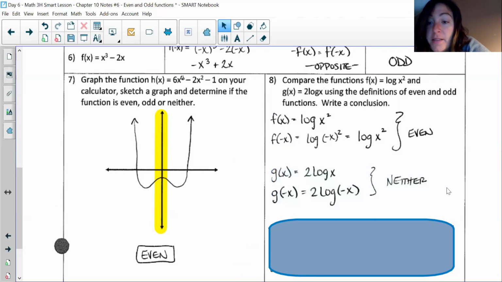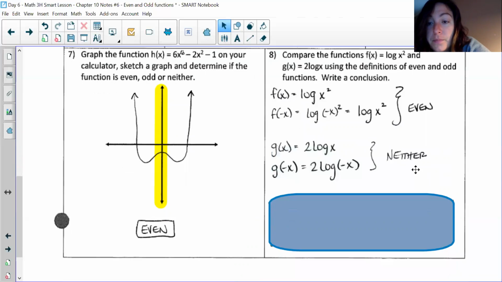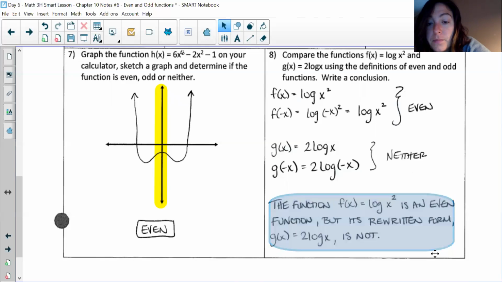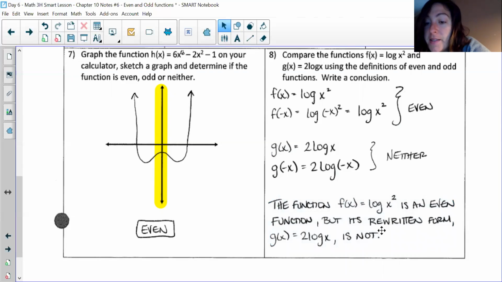Looking at g of x, I get 2 times log of x. Substitute in negative x, that's 2 times log of negative x, which is neither. So the function f of x equals log of x squared is an even function, but the rewritten form is not.